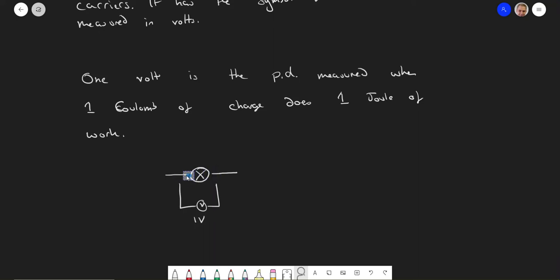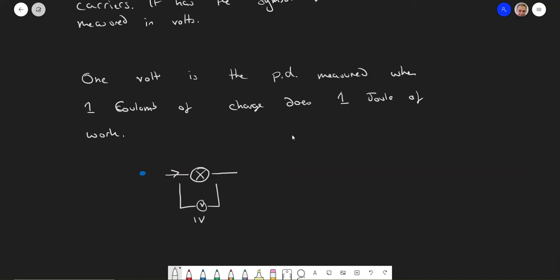So you're measuring the energy lost or used, or the work done, for each big giant bag of electrons that may come in a coulomb. That's what that represents.